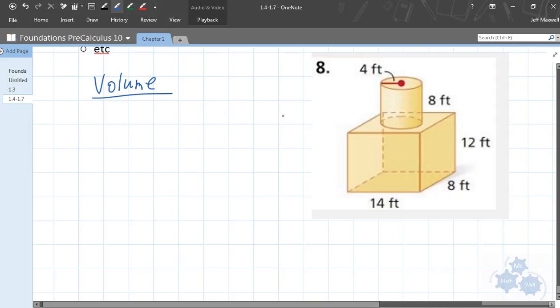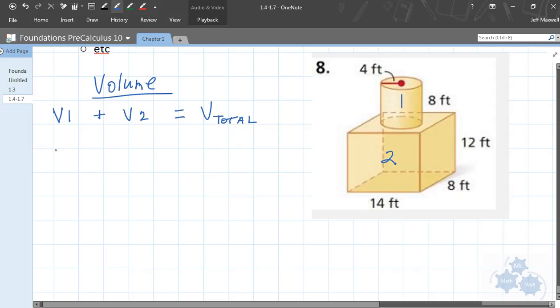But volume is pretty easy. So if you consider this as object number 1 and this is object number 2, what we need to do is find the volume of object 1 and add it to the volume of object 2, and that gives our volume total. Okay? Does it make sense?